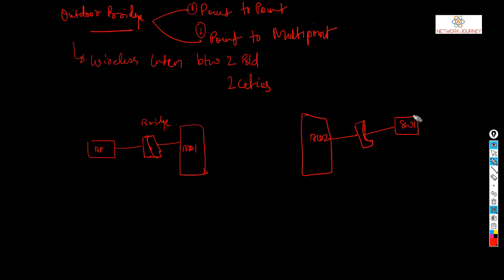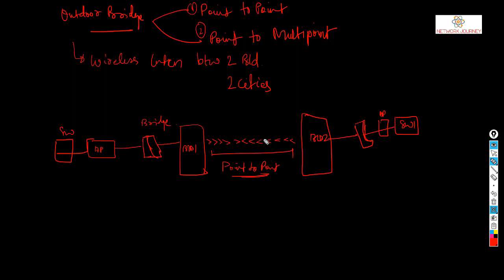Okay, so let's say I have a switch here, I have my AP here. Now between these two buildings, I can have my outdoor bridge. Okay, a bridge which is used between the buildings. Now this kind of approach is called point to point, when it's directly between the two buildings.